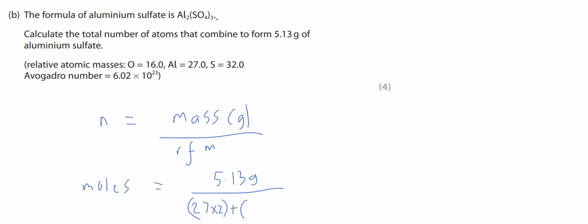So that means you have 3 atoms of sulfur, so it's 3 multiplied by 32, the relative atomic mass of sulfur, plus oxygen atoms. You have 4 of them in the SO4 group, but you have 3 of these SO4 groups altogether. So that means you have 4 multiplied by 3, which equals 12 atoms of oxygen. So that is plus 12 multiplied by the relative atomic mass of oxygen, which is 16. Brackets.